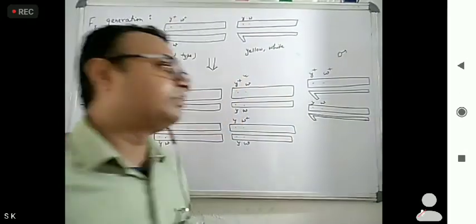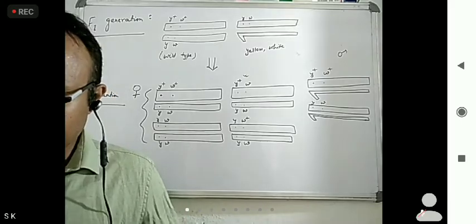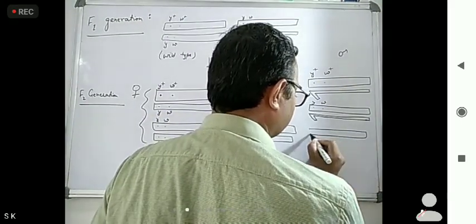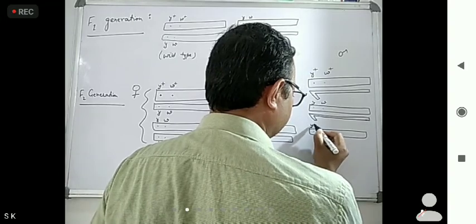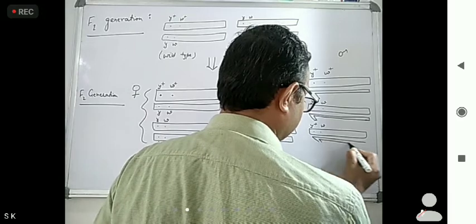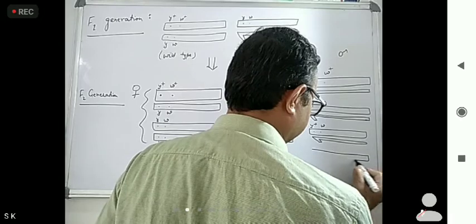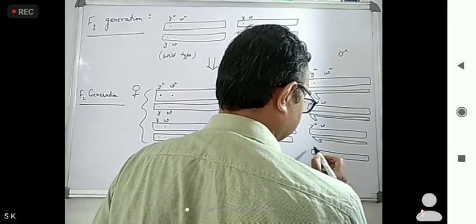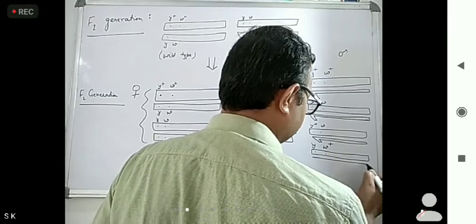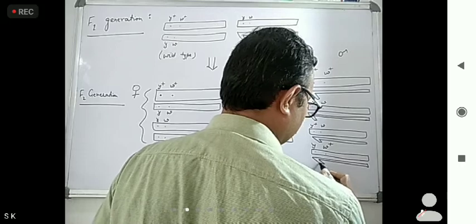These were the parental characteristics in male Drosophila. Then what was new? Similarly here, Y plus W, this is the Y chromosome. Same another type, Y, and this one W plus. This is the new type of combination, and this is the Y chromosome.